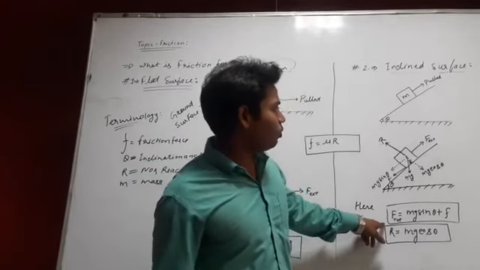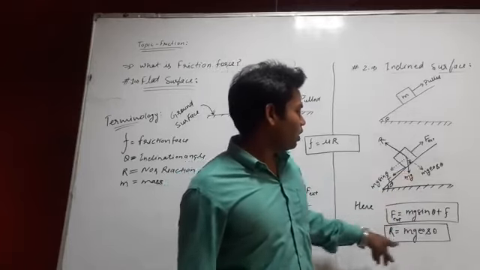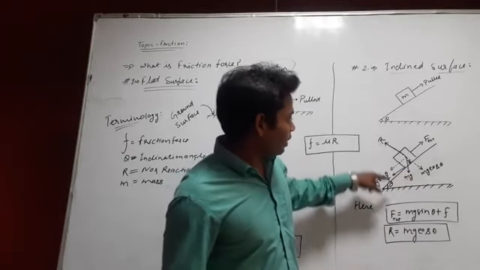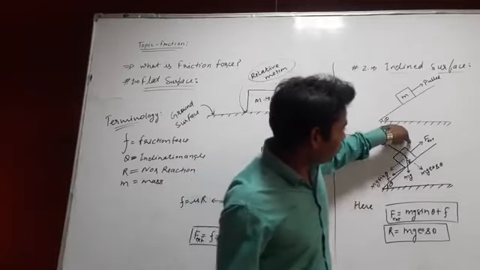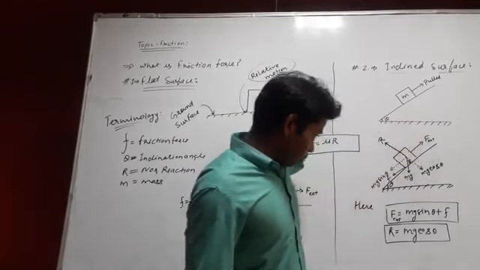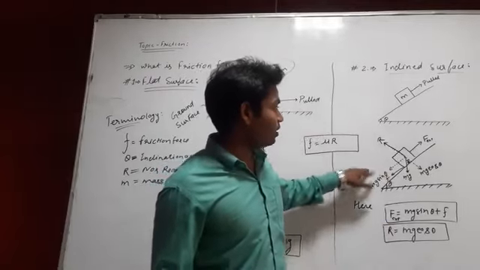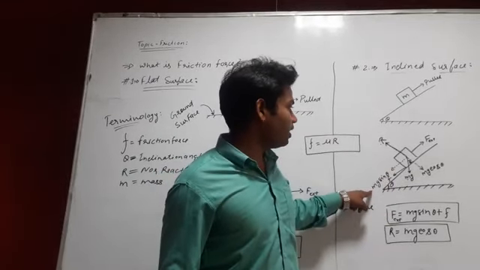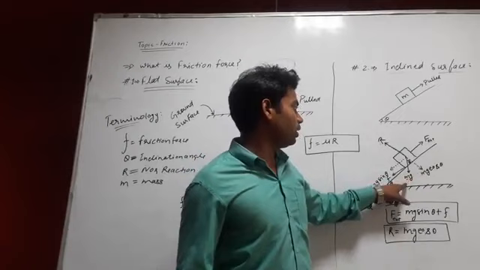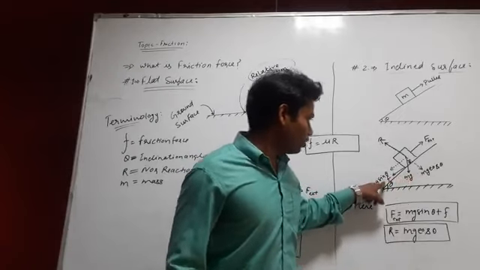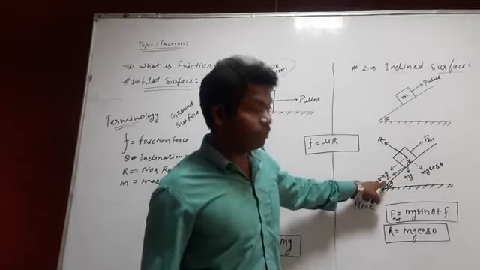So what will the external force be? The external force is applied in this direction. The other forces trying to balance it are mg sin theta, one component of the weight, and the friction force.